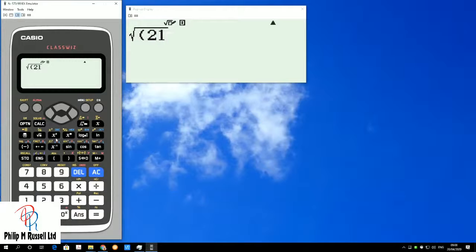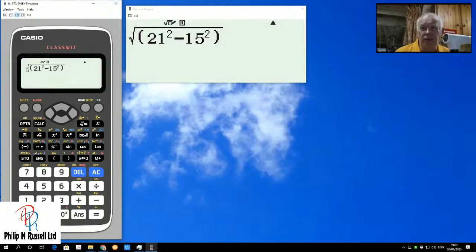Sometimes calculators do cause a few problems when you don't expect them, and what you would expect and what the calculator will expect is slightly different. There it looks right because I've got the square root over the whole lot, and we can work that out, and it gives me a horrible number, 6 root 6, which is not really what I want because I don't need this exact.